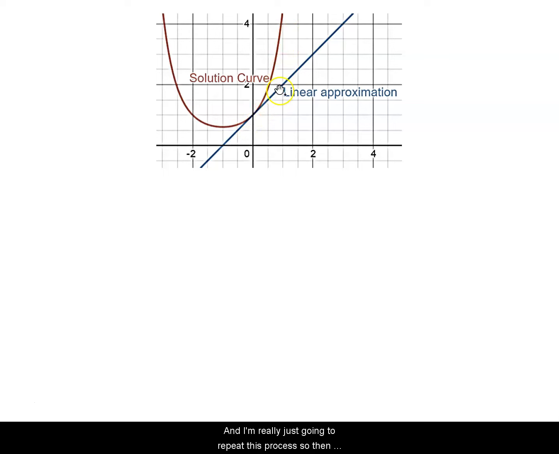And I'm really just going to repeat this process. In that way, I'm going to come up with several linear equations that will approximate this curve. So it's going to look like a choppy set of lines that are attached to each other that basically just correct themselves at a certain distance away from my initial point, so that it can try to hug my curve as close as possible.